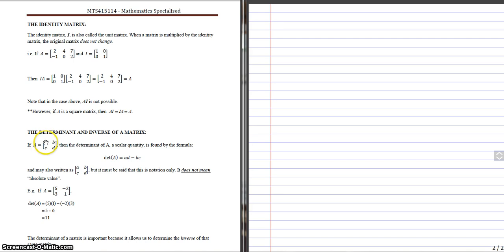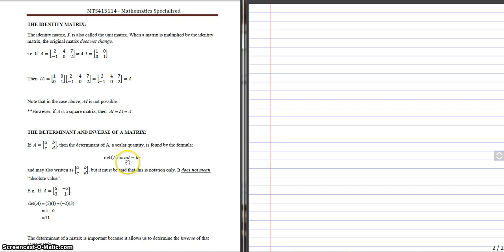So first element multiplied by the fourth one, minus the second element times the third, so a times d minus b times c. If you always remember to label the elements within the matrix in this way, and think of it as a, b, c, d, then remembering this formula is nice and easy. a times d minus b times c.